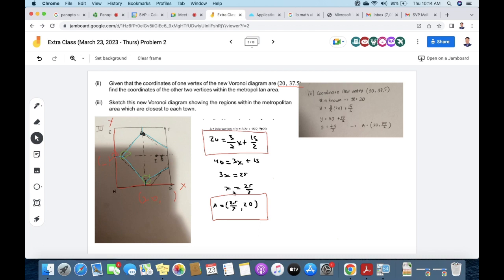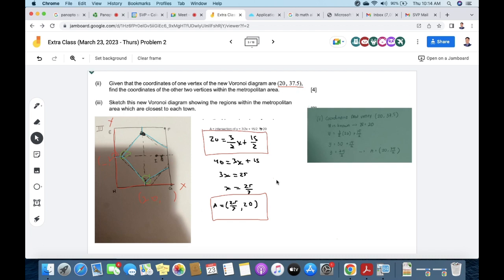Do you follow? So what we can do here is to find either the equation of this line, or the equation of this perpendicular bisector, or the equation of this bisector, because this point lies on either one of them. Do you get it? So we have to find this and we have to find this as well.